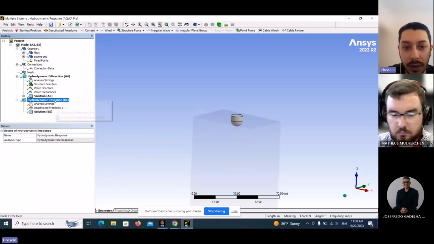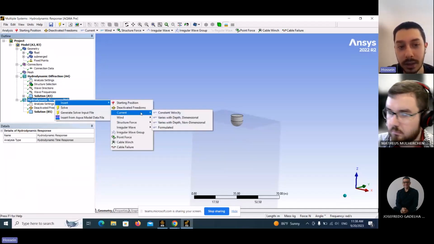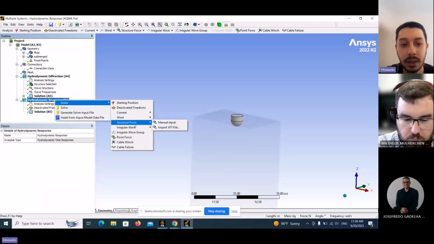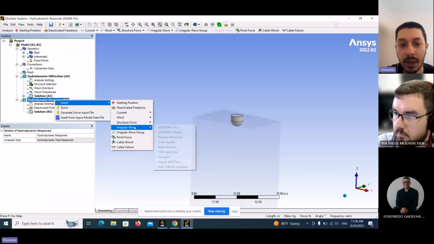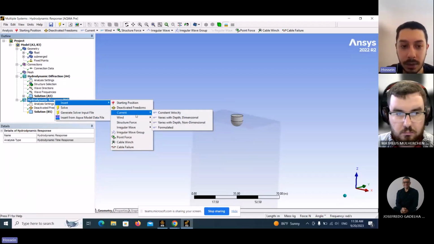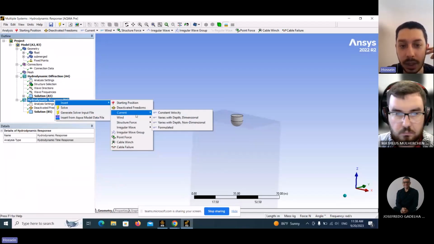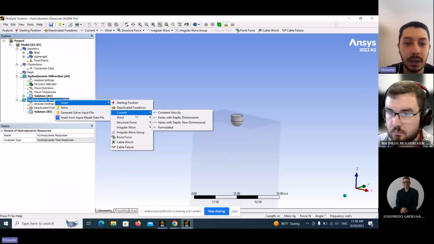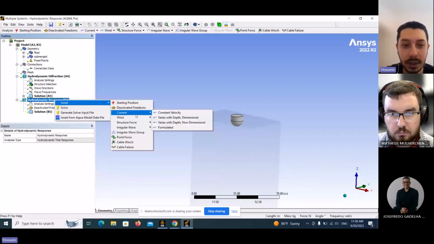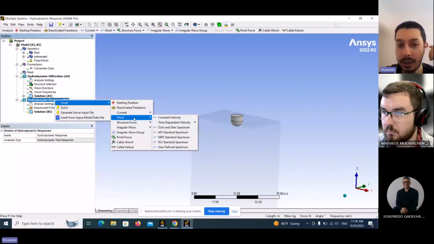After that, we have some options for modeling the current, wind, and the irregular waves. You can define these parameters based on your design and model. I don't work with the current and wind, but you can see these options in the user manual for the exact details.